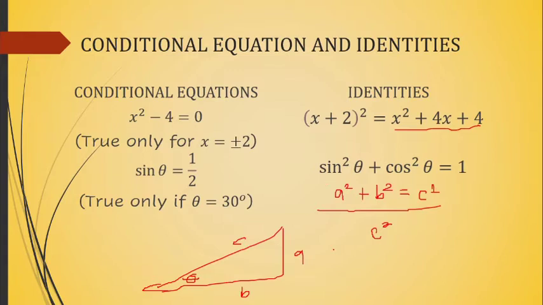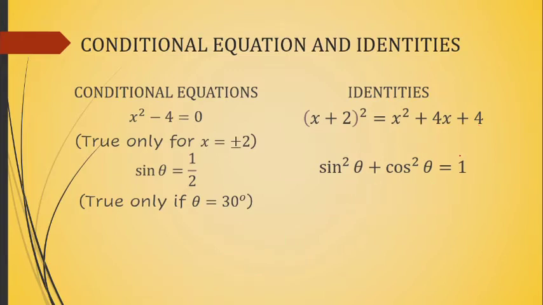And for cosine theta, we have B squared over C squared. That's why there are squares, as you can see. That is identified as one of the Pythagorean relation identities.